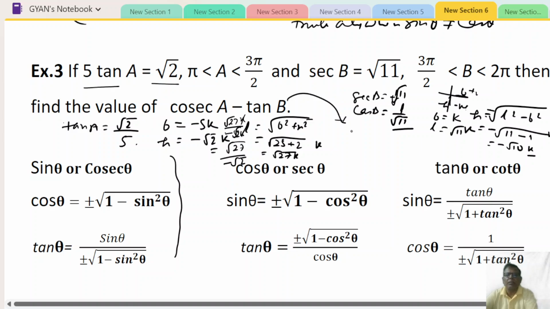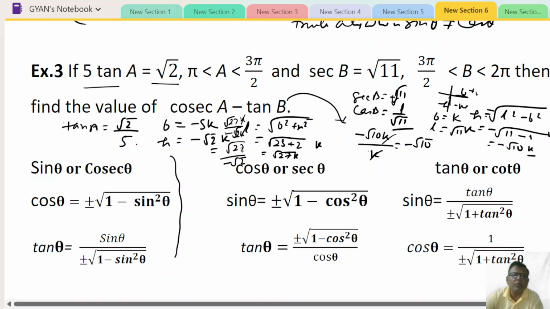So tan B is equal to height by base. So what is height? Height we have calculated is minus root 10k and base is k. So k got cancelled. Then minus root 10.